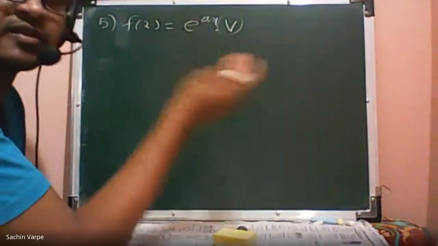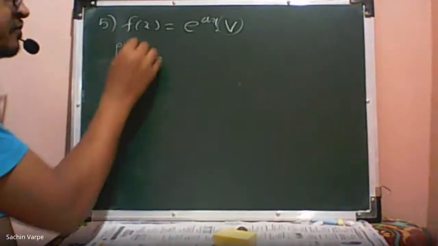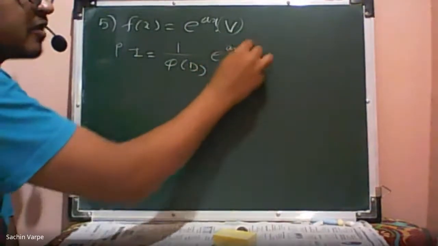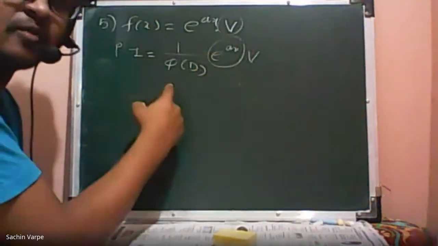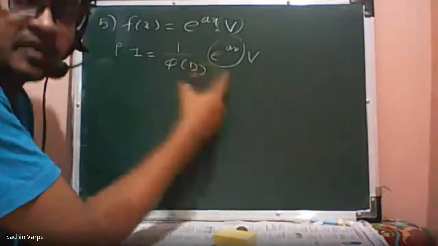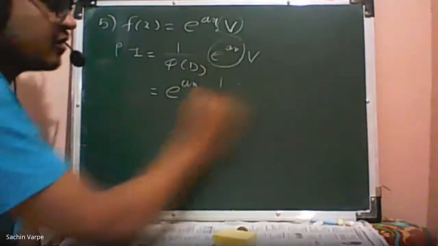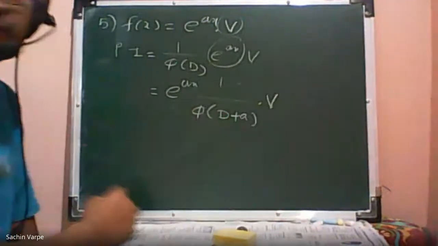Those several cases we have discussed previously, isn't it? So the particular integral is 1 upon phi of d, e raised to ax into v. We write this exponential function outside the operator, and immediately replace this d by d plus a. So I'm writing e raised to ax into 1 upon phi at d plus a into v.